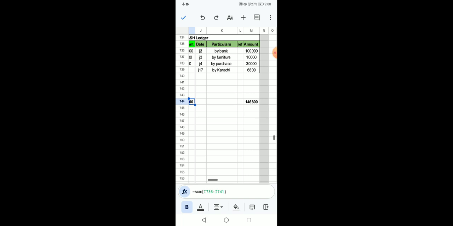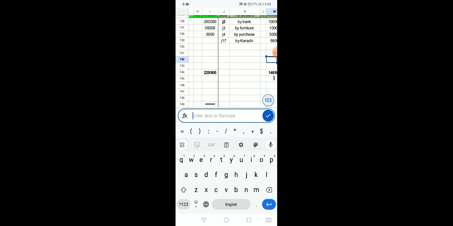So what you will do? You will write this larger sum on both sides. Here you will write the total on the debit and credit side as well.